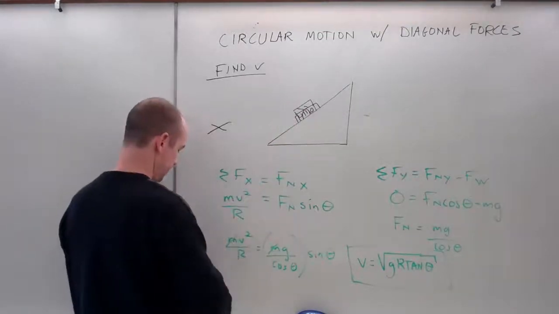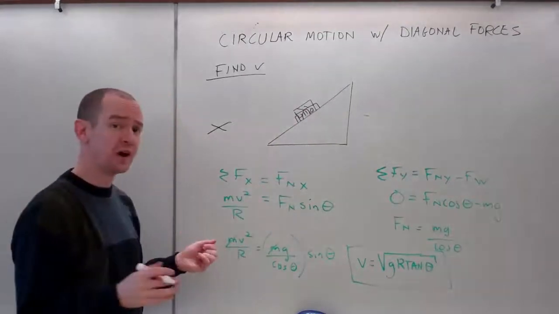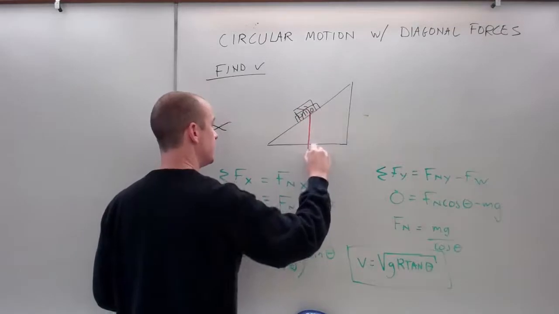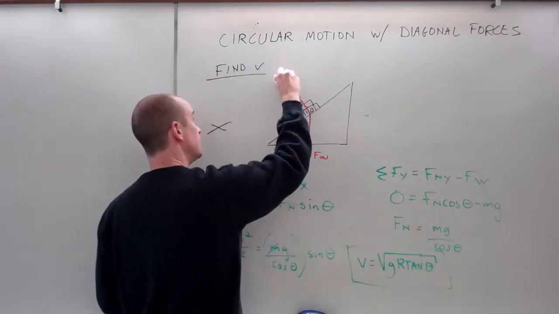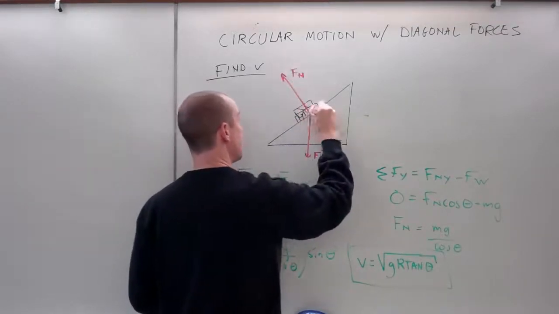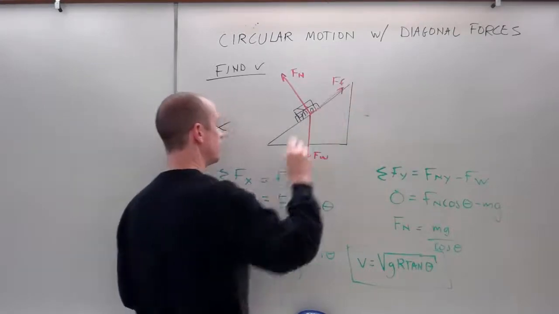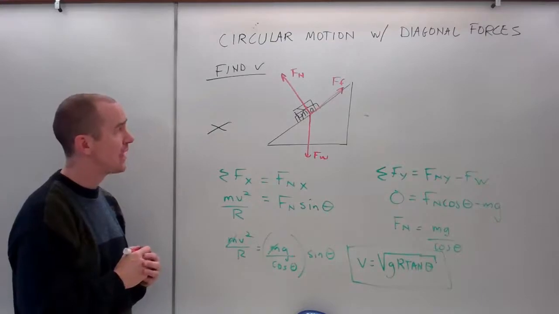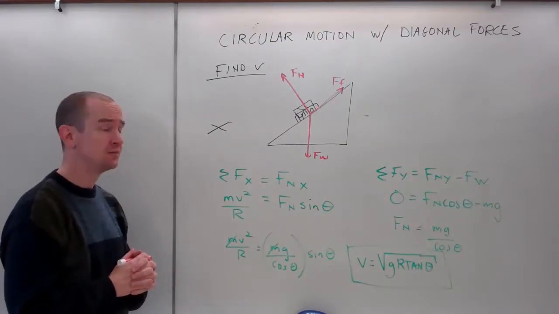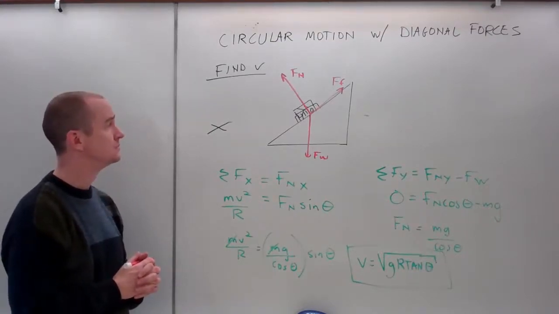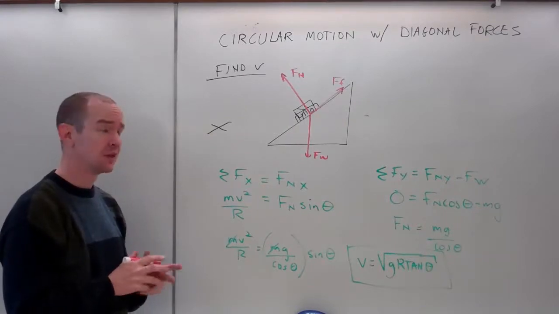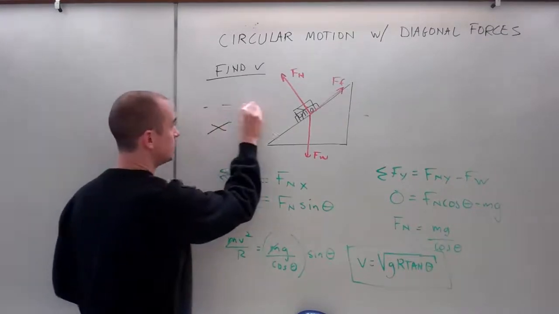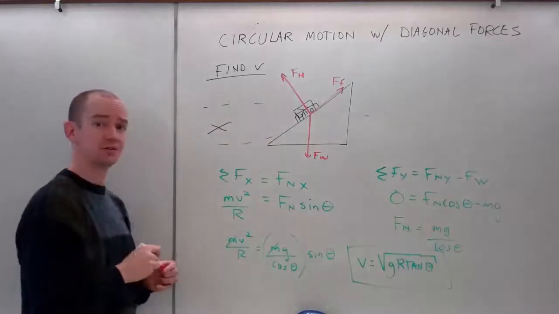Well, let's pretend we're going too fast. Force of weight, force of normal, and force of friction. Now the question is, how many of those forces are acting centripetally? It should be clear that our circle is still in the horizontal direction.